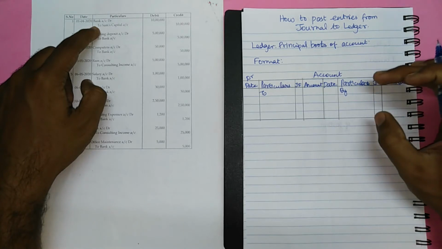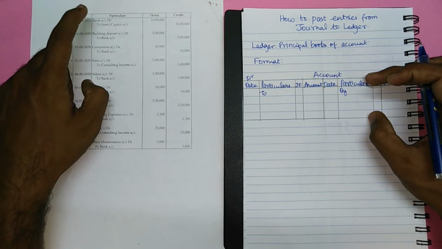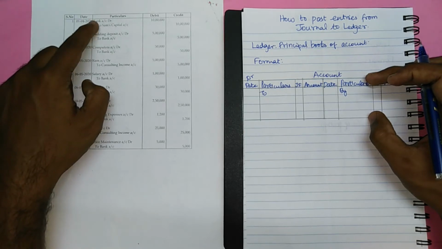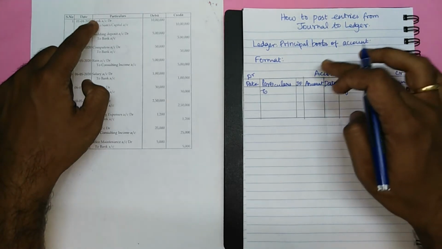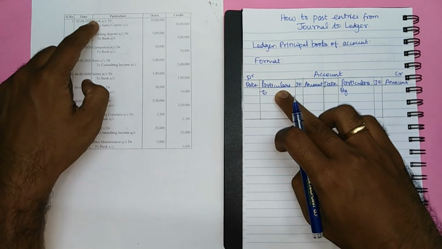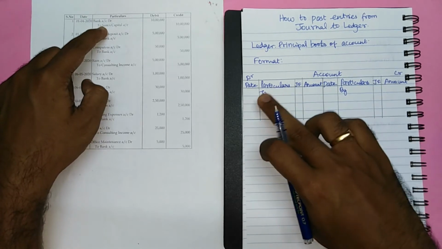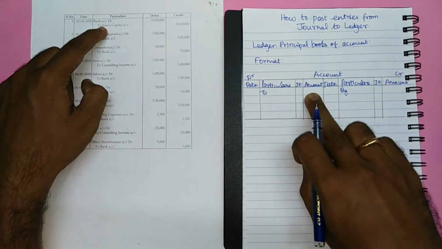Just consider this as bank account. So the account debited in the journal, that is bank account, should be debited in the ledger also. Since we are considering this as a bank account, this should be debited, but reference should be given to that of the credit account. So the credit account is Sam's capital. So we need to write to Sam's capital account rupees 10 lakh.